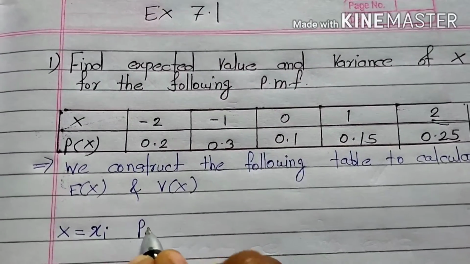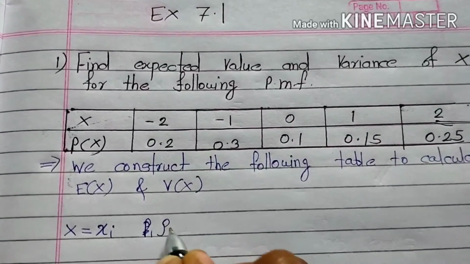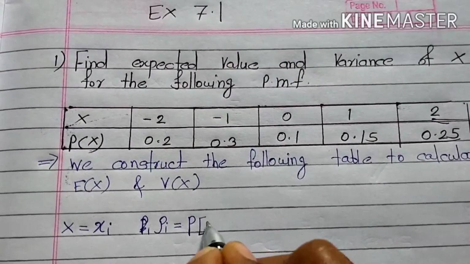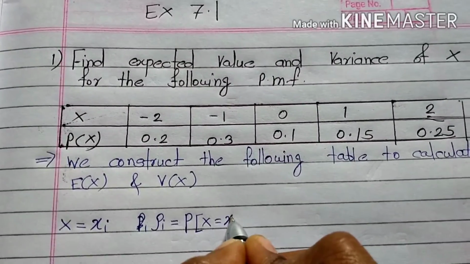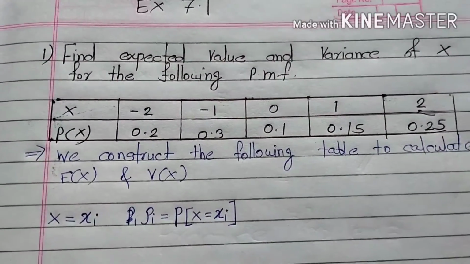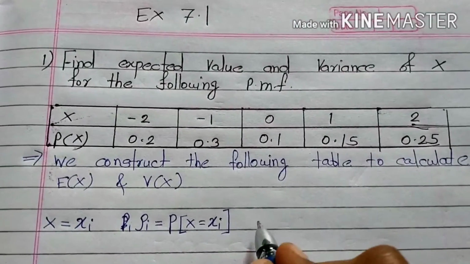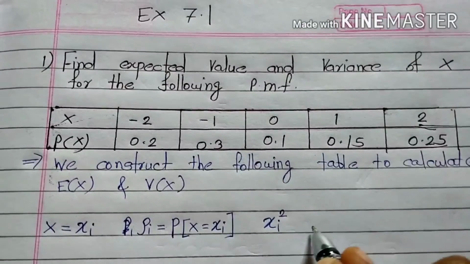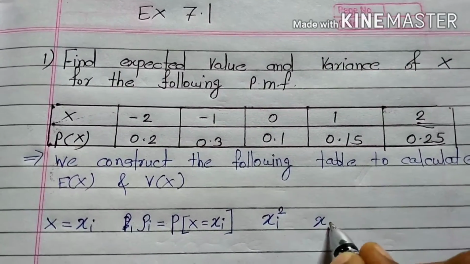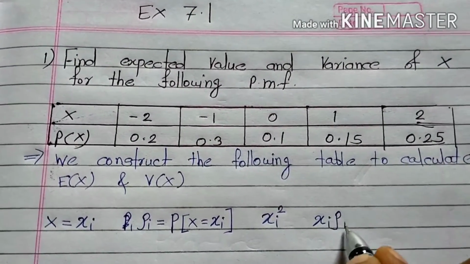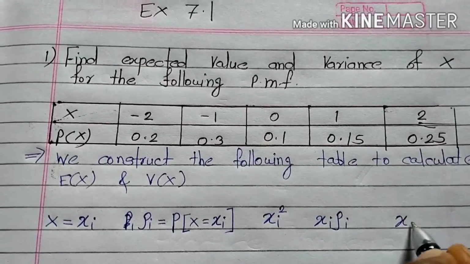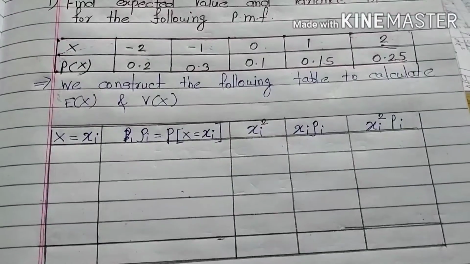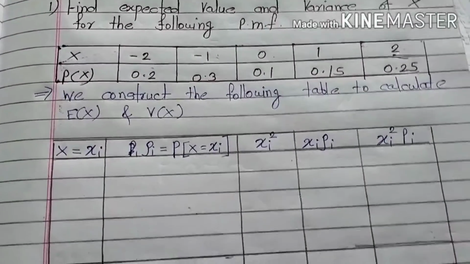Next it is small pi, which is the probability of xi, and it is xi square. This is xi pi, and this is the value of xi square pi. So suppose this is a table.